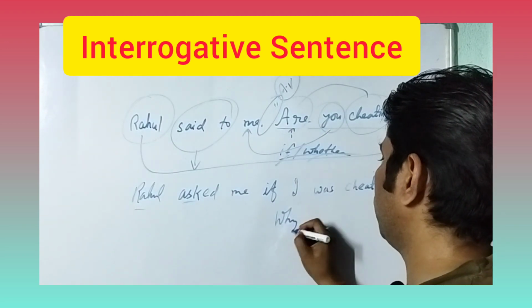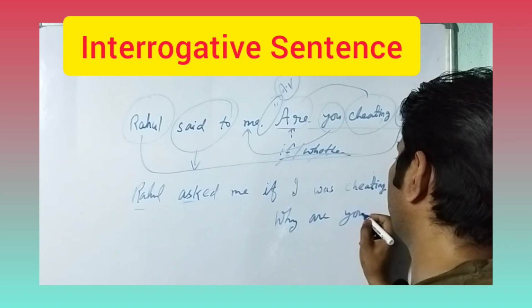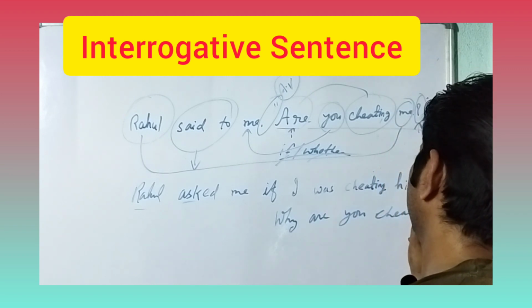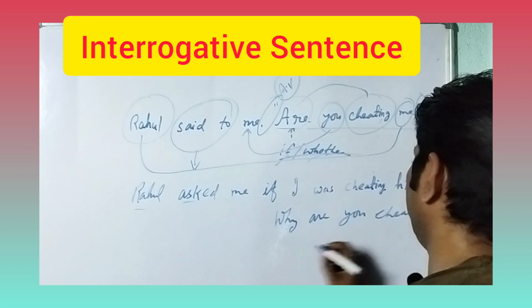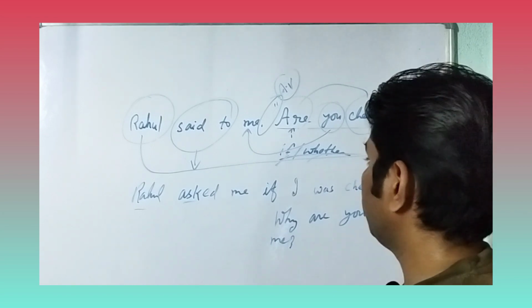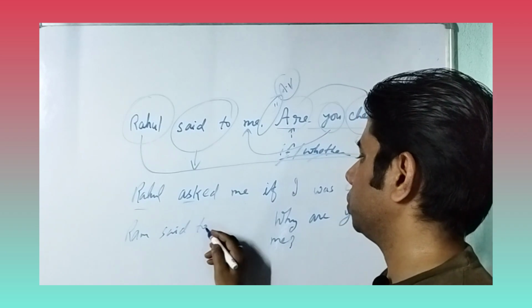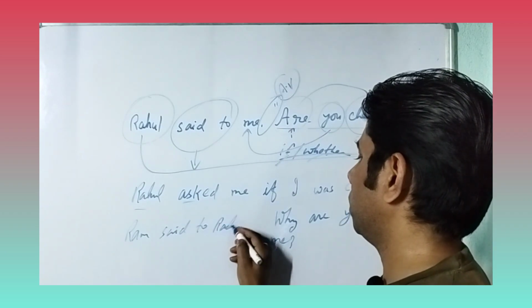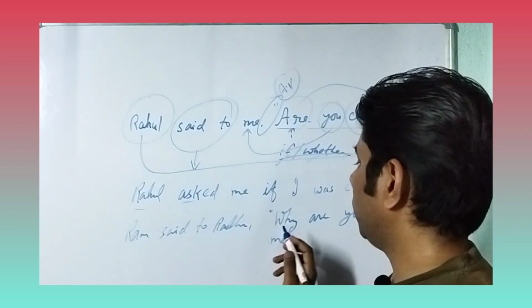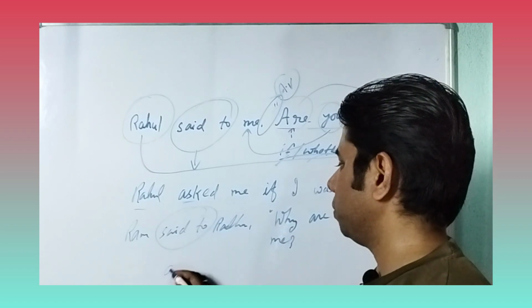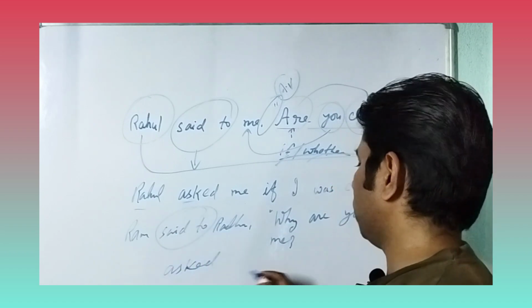If you say here what or why, are you cheating me? At that time, if it is given Ram said to Radha, then said to will be converted into asked, because the question mark is given.